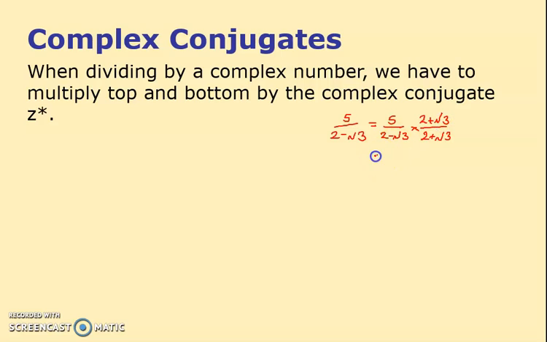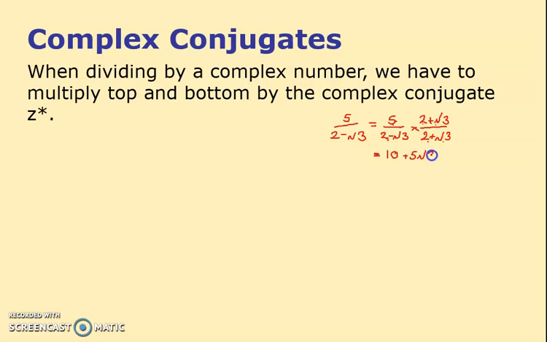And this trick works basically for the difference of 2 squares. If I times the 2 by the 2, I'll get 4, I'll get plus 2 root 3, but then minus 2 root 3, and they will disappear. And then I'll get minus root 3 times root 3. So if I just finish this off, 5 times 2 is 10. 5 times root 3 is 5 root 3.